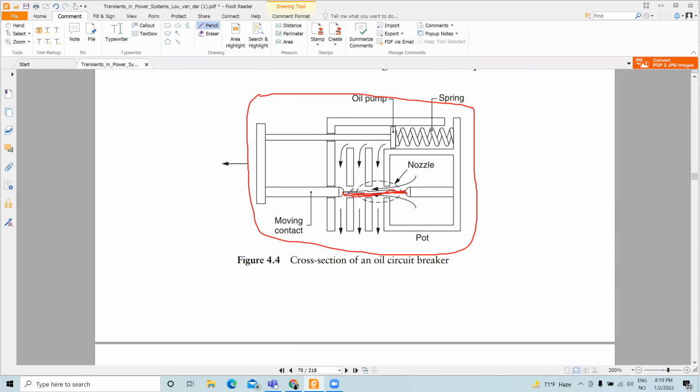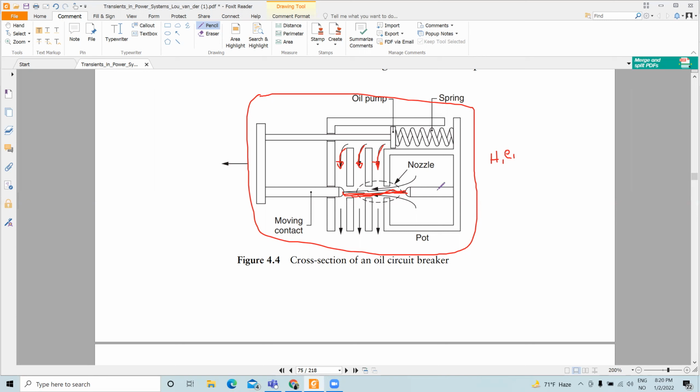In the oil circuit breaker, you create a mechanism where the oil flows inside this arc to take out the heat from the arc and extinguish the arc. Oil is basically hydrocarbon, so you have hydrogen and carbon.